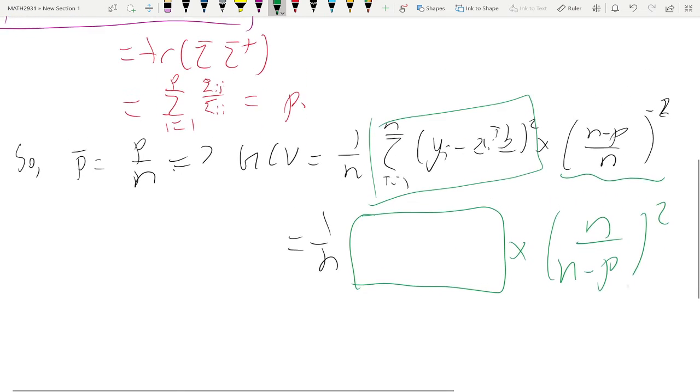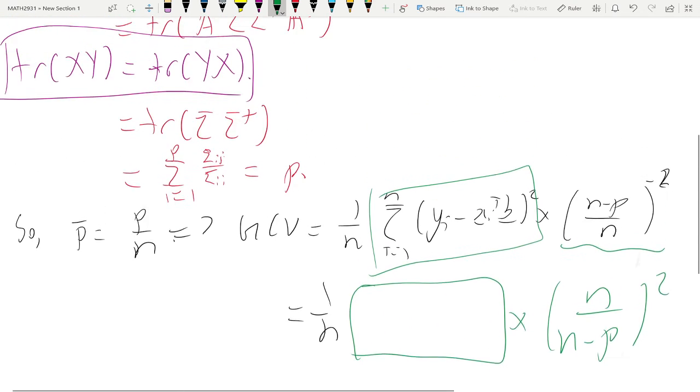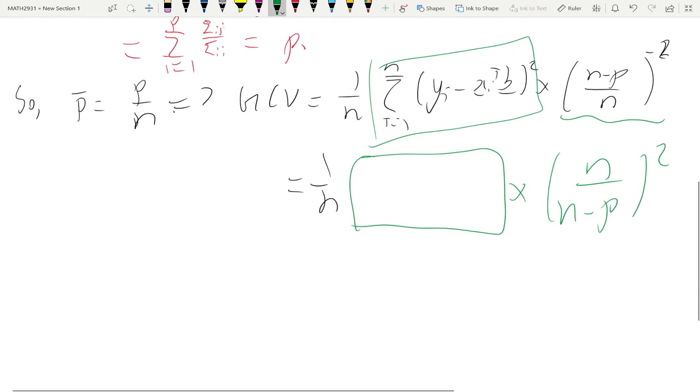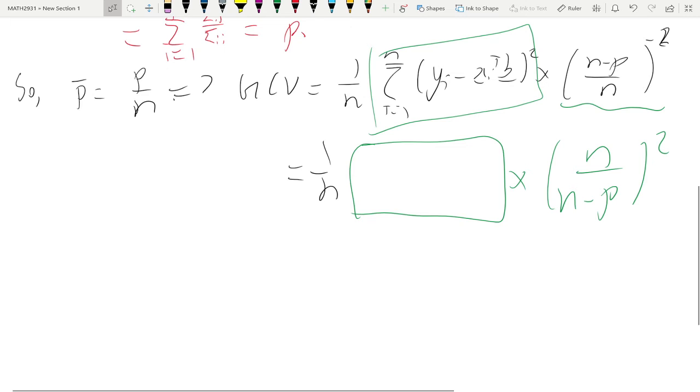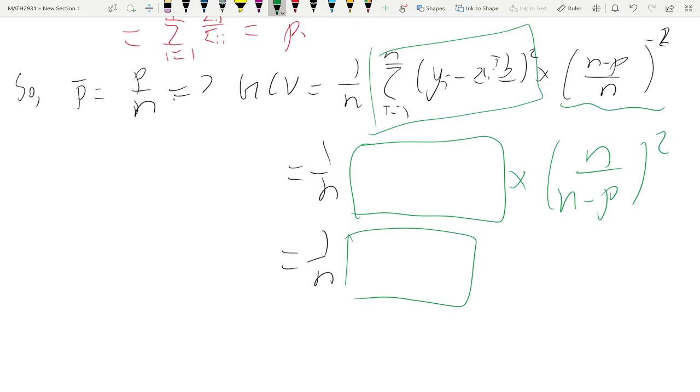And since you want it in binomial form, we're going to split it such that one is a 1 plus some term. So this equals 1 on N squared times 1 plus P over N minus P squared.